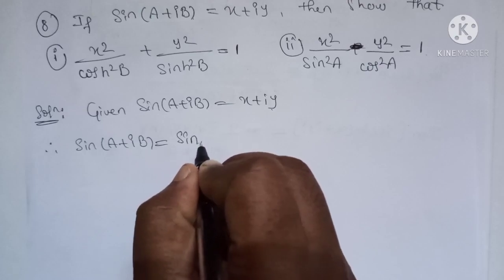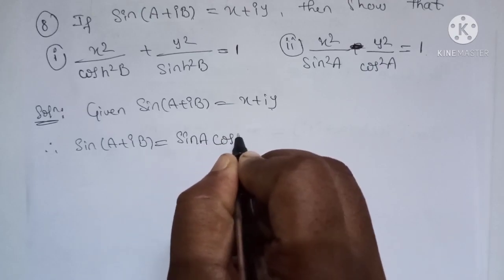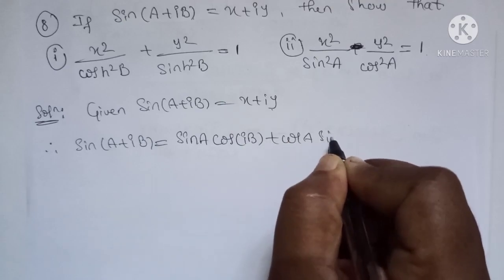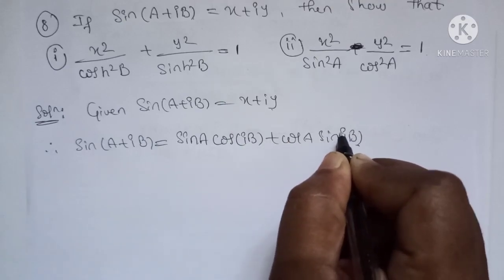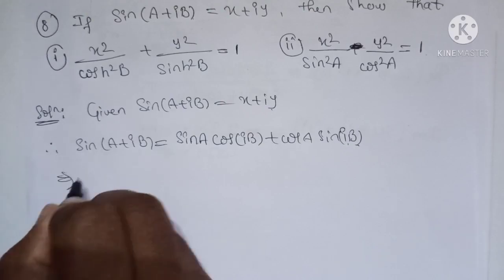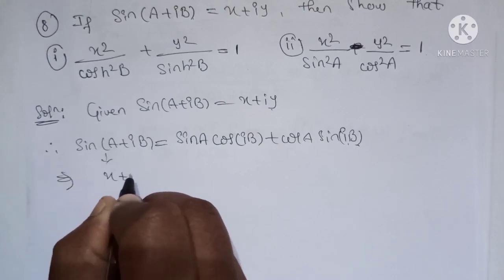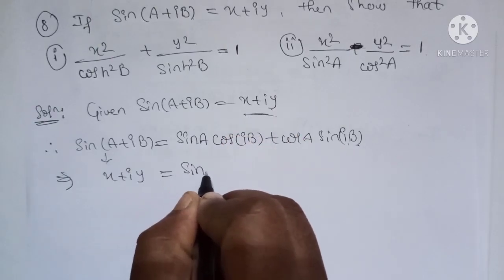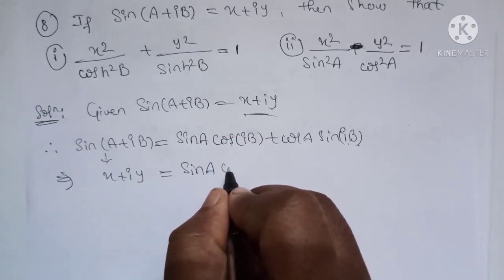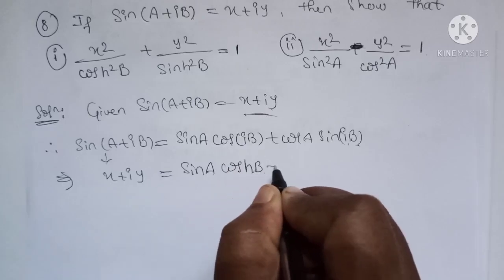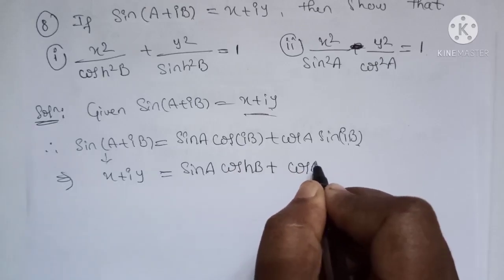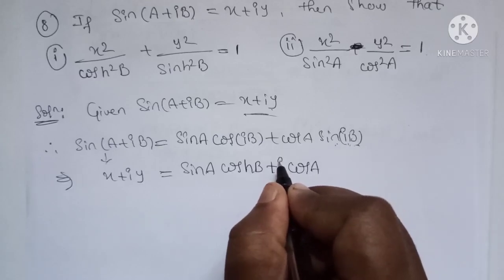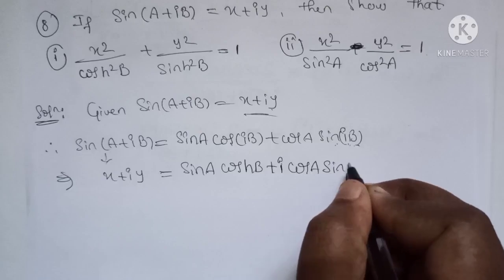We get sin a cos of ib plus cos a sin of ib, which is equal to x plus iy. So cos of ib can be written as cosh b, and sin of ib can be written as i sinh b. So I will write i here, it is sinh b.